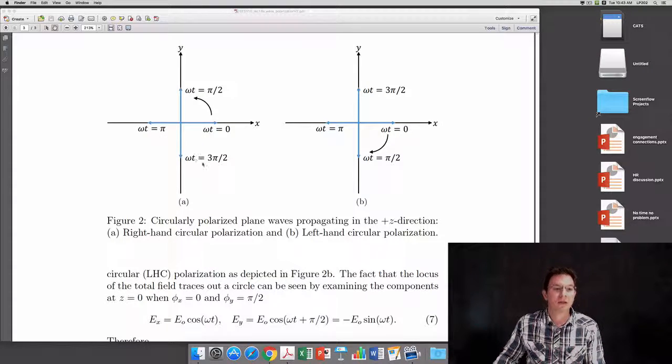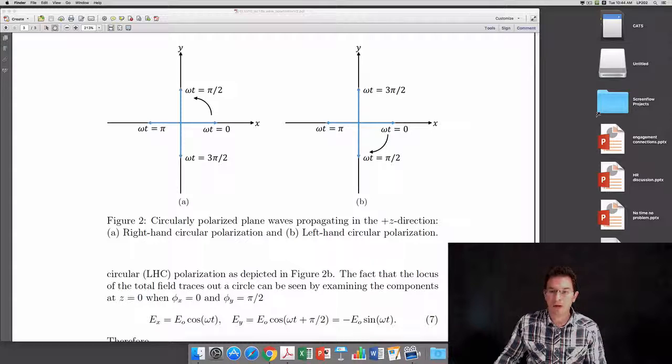At omega t equals 3 pi over 2, it points along the negative y direction. And then at omega t equals 2 pi, it'll point along x, and so forth, rotating around in a counterclockwise direction. That is an example of left-handed circular polarization.